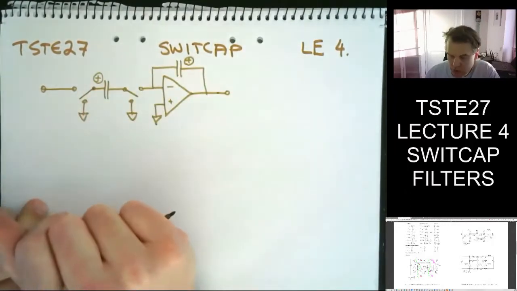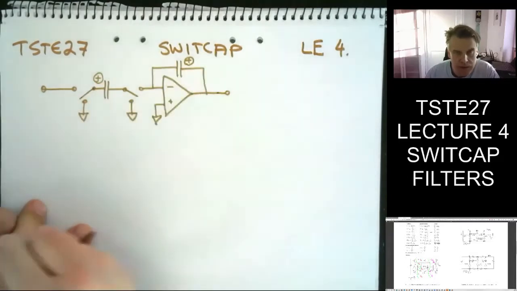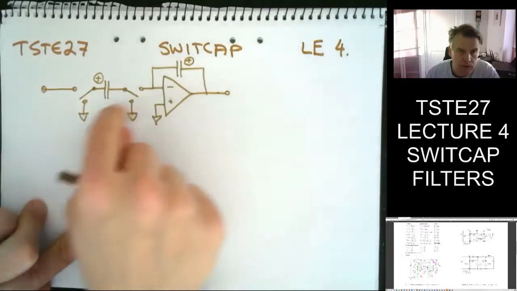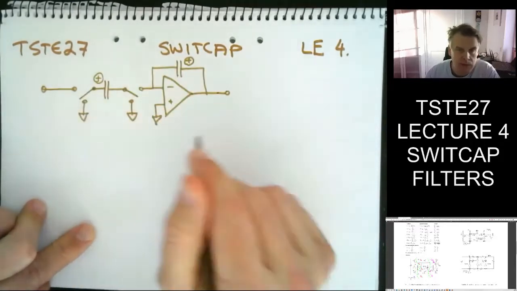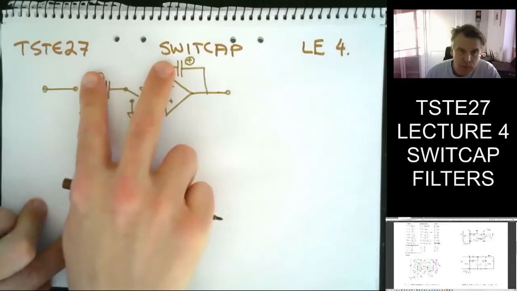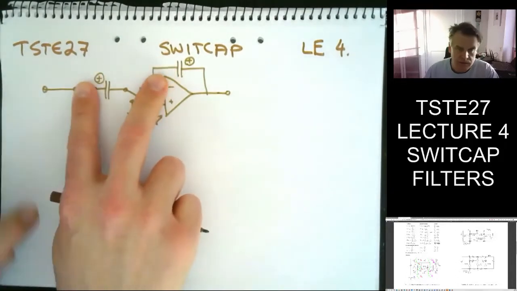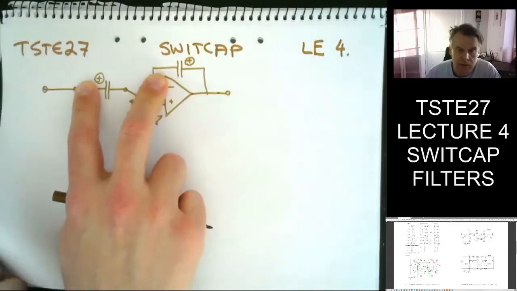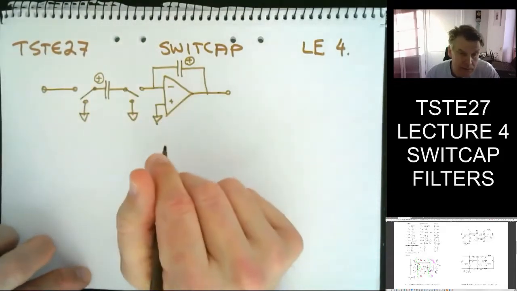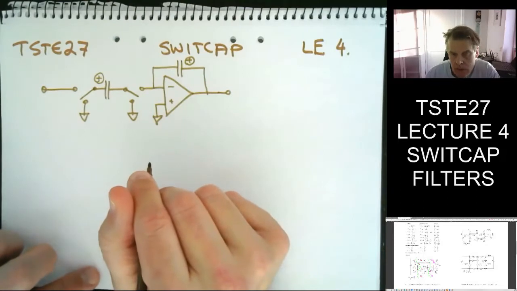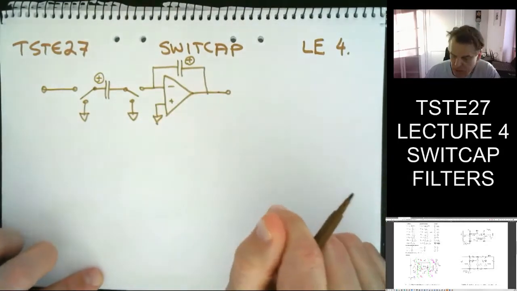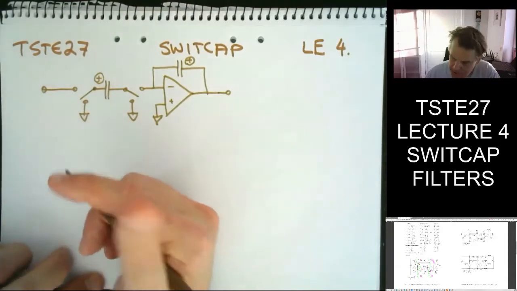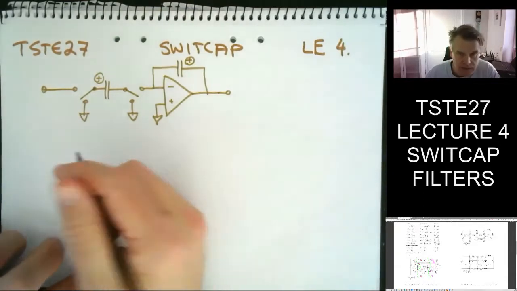Those you choose yourself, but the idea with choosing the reference directions is that it's much simpler to see where the charge goes once we flip the switches back and forth. So we have two phases, and then we have three transitions. We have to this phase, to the other phase, and back to the original phase. So we have to investigate these three cases. And that simply gives us a set of equations, which is really not rocket science per se. It's quite simple difference equations.